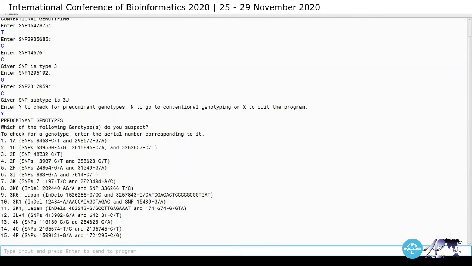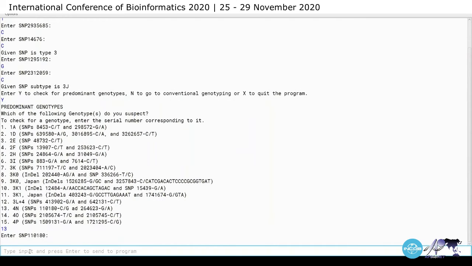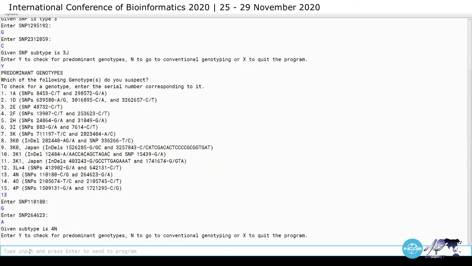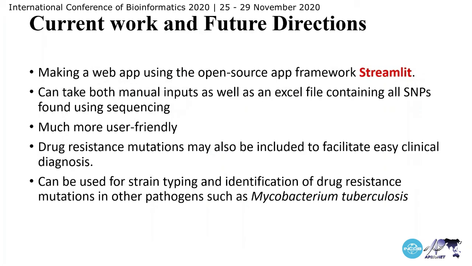Let's say I suspect the strain 4N, in which case I'll choose 4N and enter. Given that it is 4N, 110180 will be G and 264623 would be A, and then it tells me that the subtype is 4N.